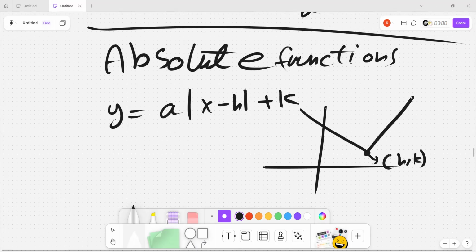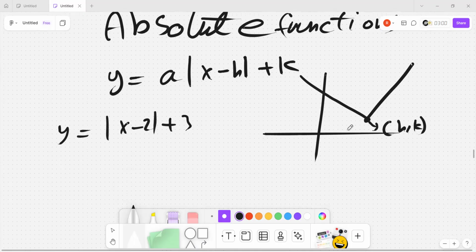For example, when we have y equals the absolute value of x minus 2, plus 3, that means our vertex will be 2, with the opposite sign, and 3. Okay, and a is 1. What does a represent? Like the parabola, if a is positive, the absolute function will open up.